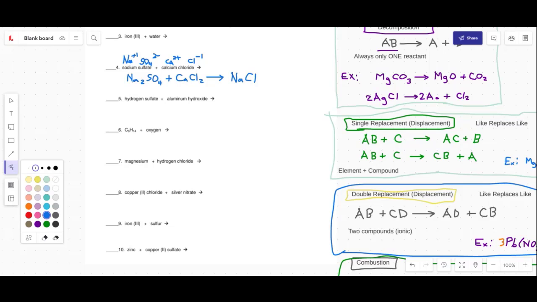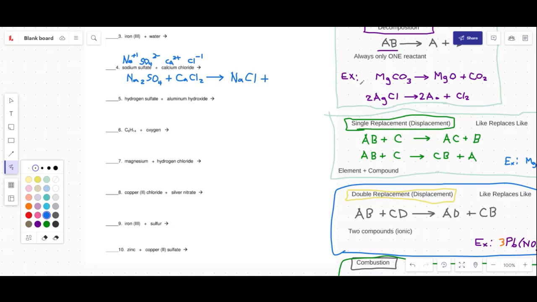Okay. So now, what's the other compound that forms? Calcium sulfate. And what's the formula? Calcium's 2+ charge. Sulfate's a 2- charge. So what's the chemical formula?